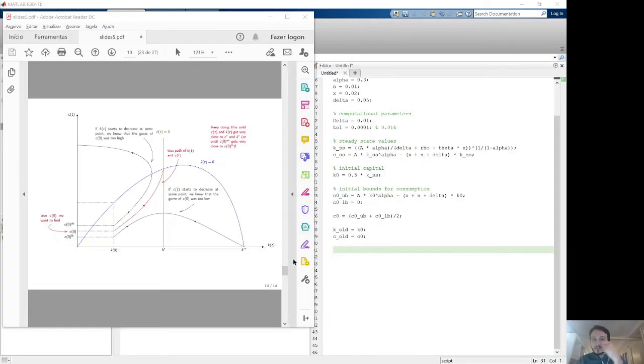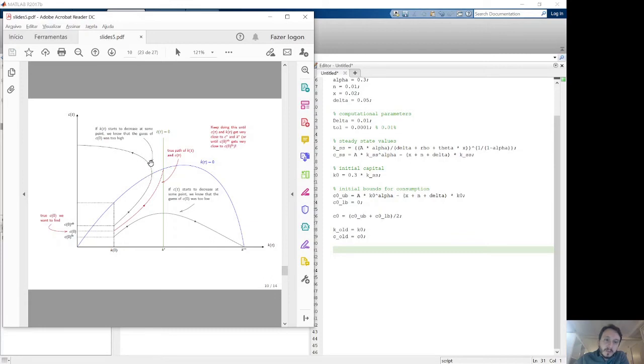Okay, so now we have a guess for C0. Let's see what can happen from now on. If we have a guess for C0, let's say we have this guess. We will use the Euler method to simulate the paths of consumption and capital. And we can have a situation in which capital starts decreasing.